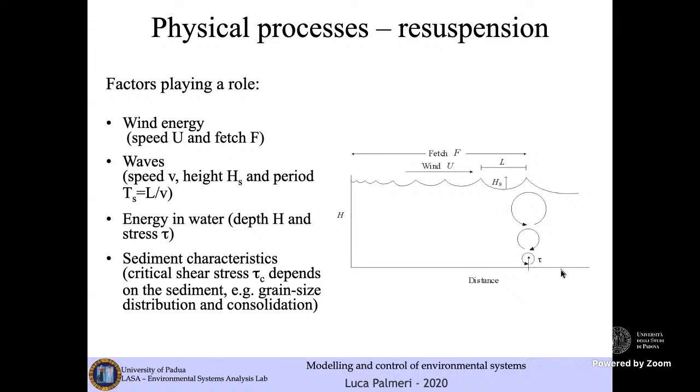The ability of this force to take away particles from the sediments, from the bottom of the water body toward the water column, depends on the sediment characteristics. In particular, the sediment characteristics may be described by a quantity called critical shear stress, tau c, that depends on the sediment in terms of grain size distribution and degree of consolidation. So the quantity of water that is present in the sediment itself.